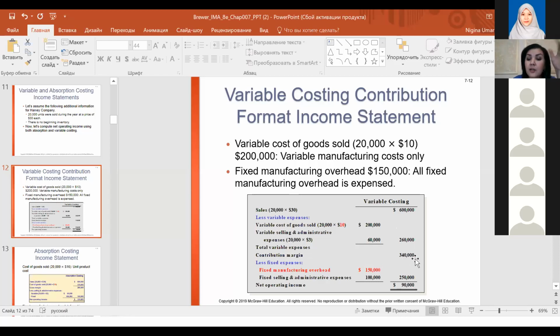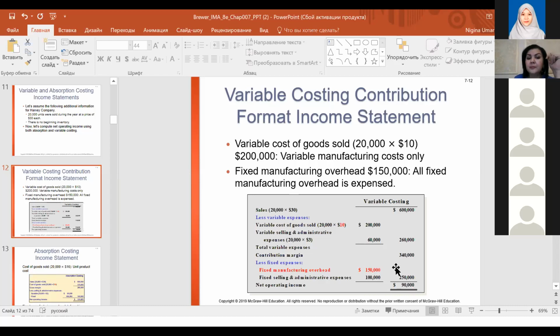And then from the contribution margin, we subtract fixed manufacturing $150,000 and fixed selling and administrative. All fixed costs we subtract from the contribution margin. And then we get what? Net operating income. So it is $90,000.